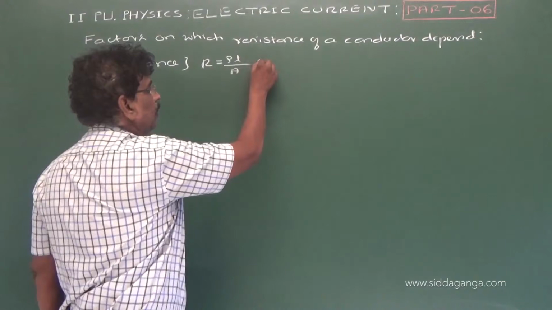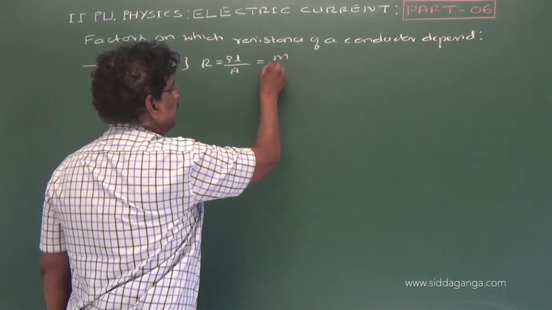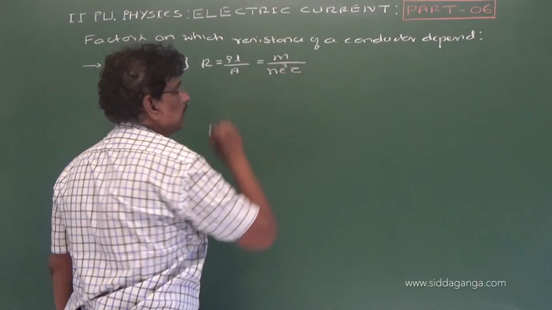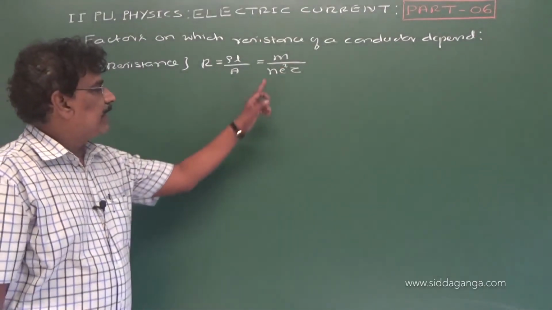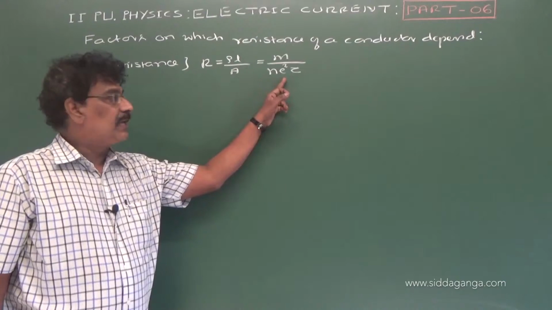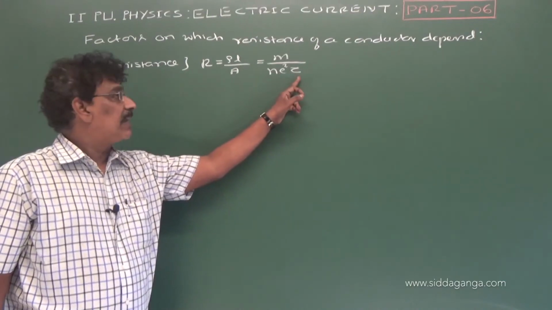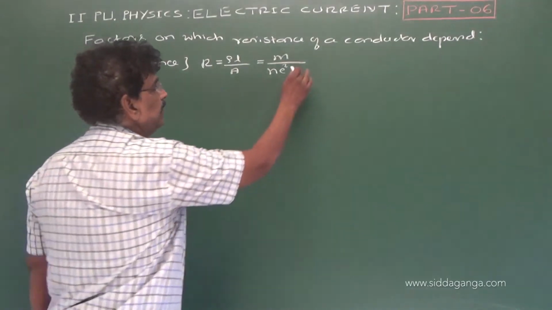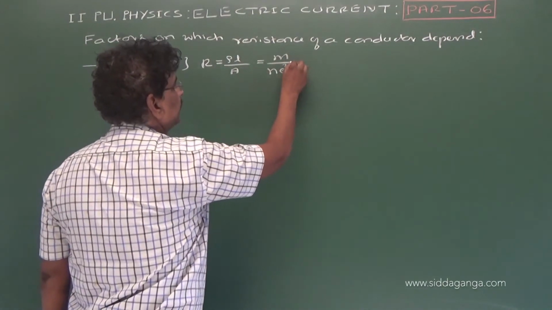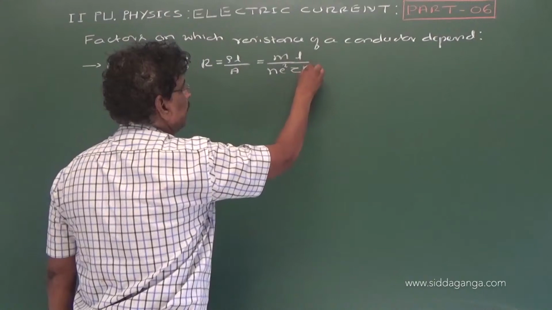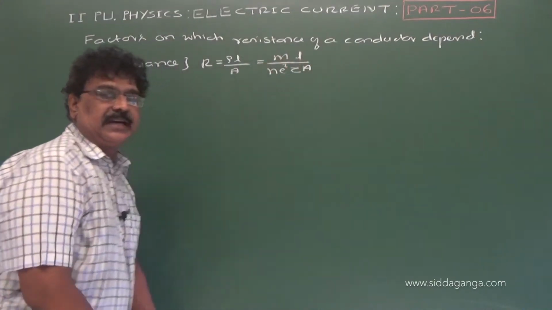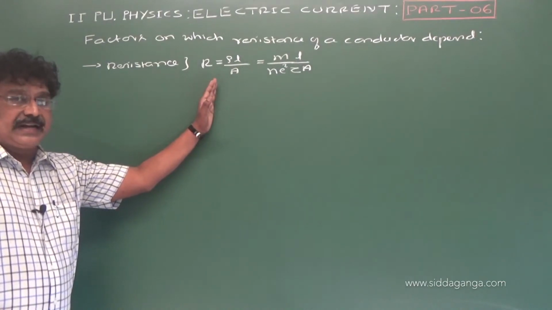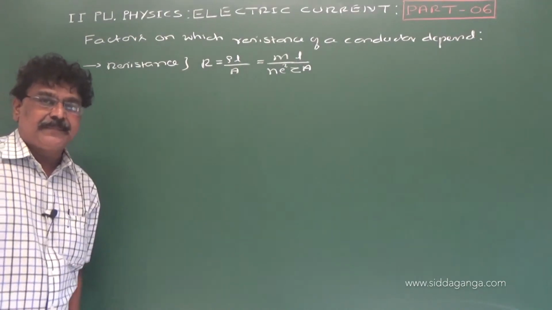But rho is equal to m by n e square tau, where n is free electron density, e is charge of electron, tau is relaxation time and m is mass of the electron. So R equals m by n e square tau into L by A. This is the expression for resistance of a conductor at the microscopic level.